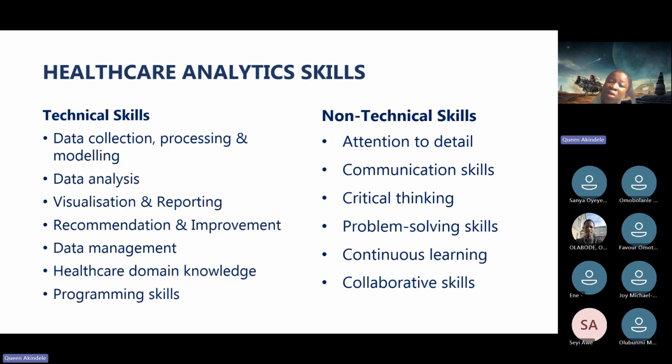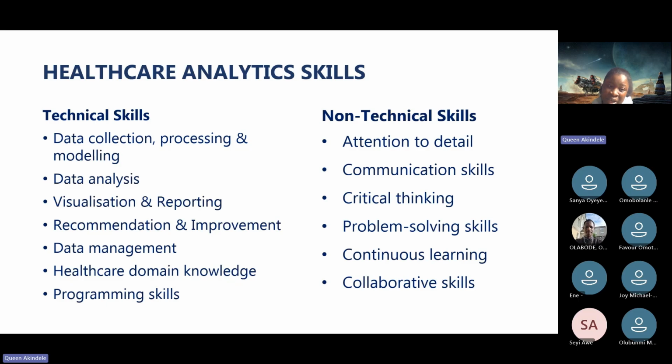It is also very, very essential that one familiarizes oneself with the healthcare domain knowledge. You have to know about the processes in the healthcare sector that you want to go into and familiarize yourself, because with this, you're able to identify the key metrics that matter. You know what to do, or if something is happening and there's no data explanation for it, you can easily think outside the box to figure out, okay, in the healthcare sector, this and this and this can lead to that.